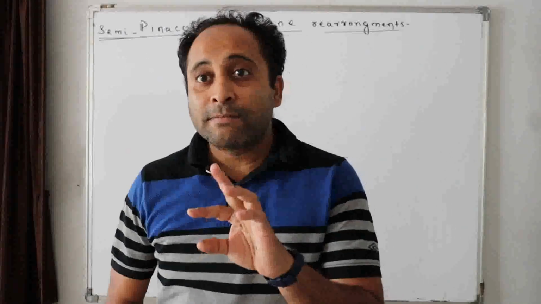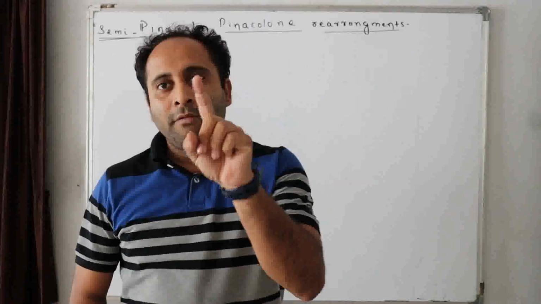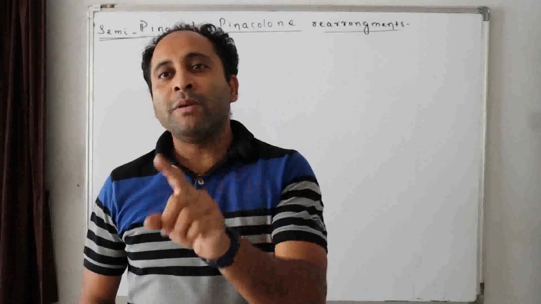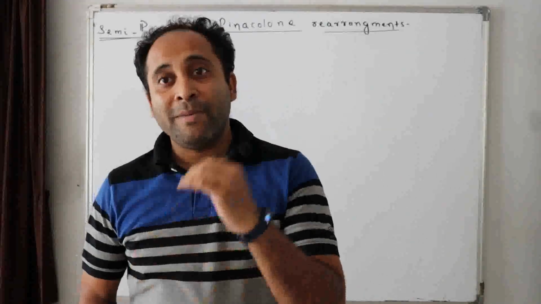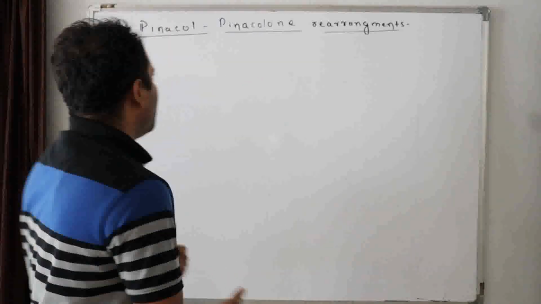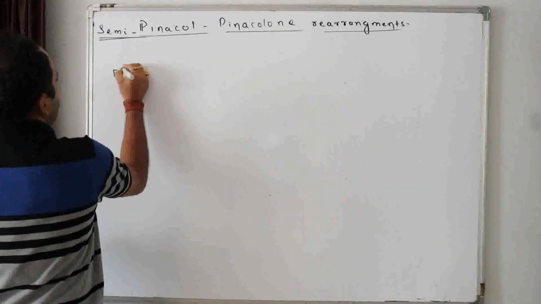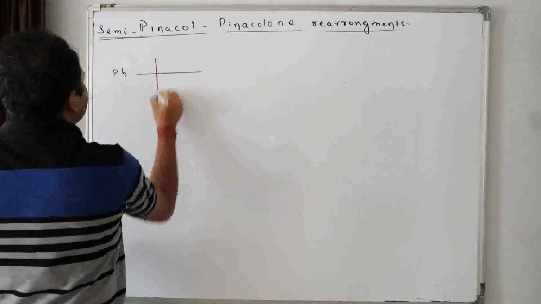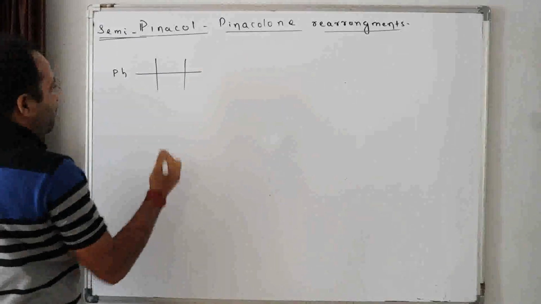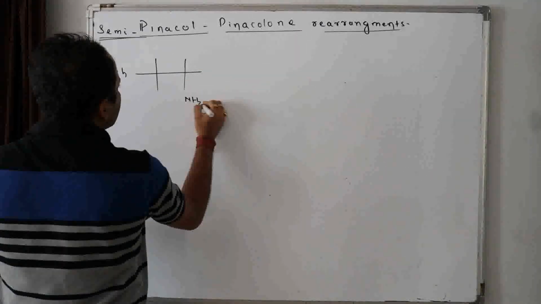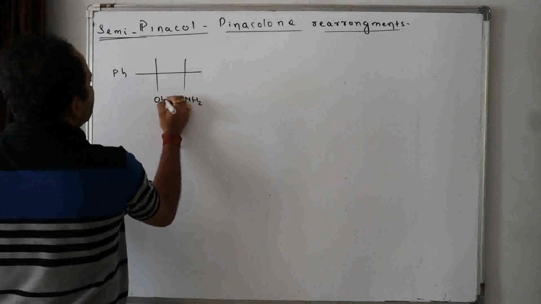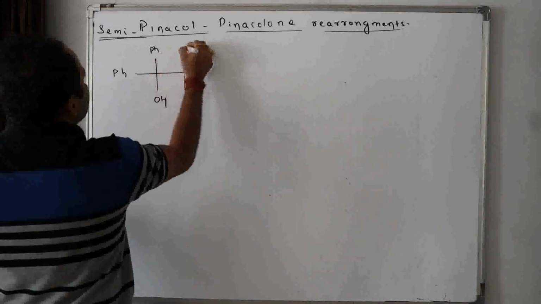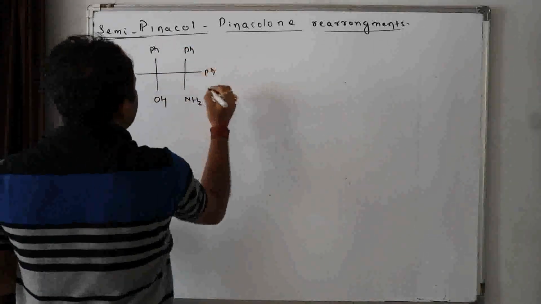Here, in place of 2 OH, one will be OH, the other one will be maybe NH2, maybe I. For example, look here. And in these cases, the rule of formation of stable carbocation is not valid. Is not valid.